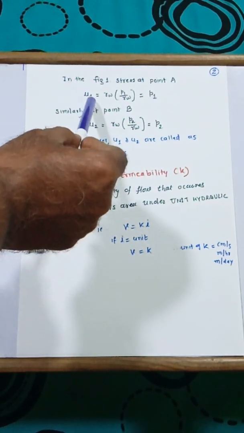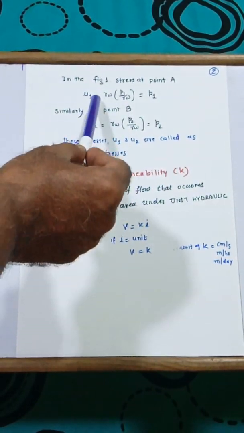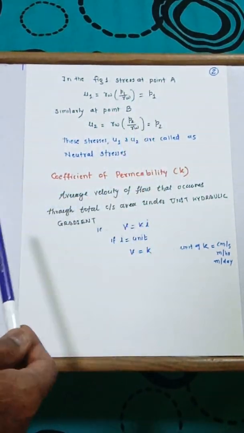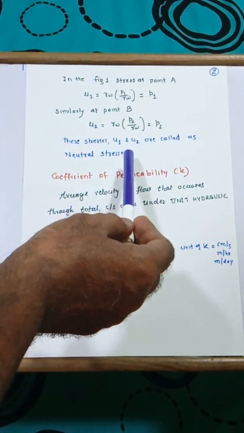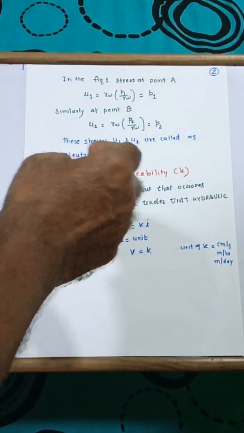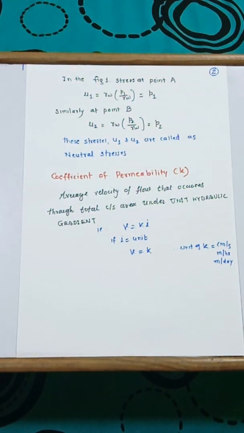So you get these two stresses, u1 and u2, which are called neutral stresses. They are not because of any external pressure, that's why we call them neutral stresses, because in a later chapter, like in shear strength, we are going to discuss pore pressure, which is beyond these neutral stresses.